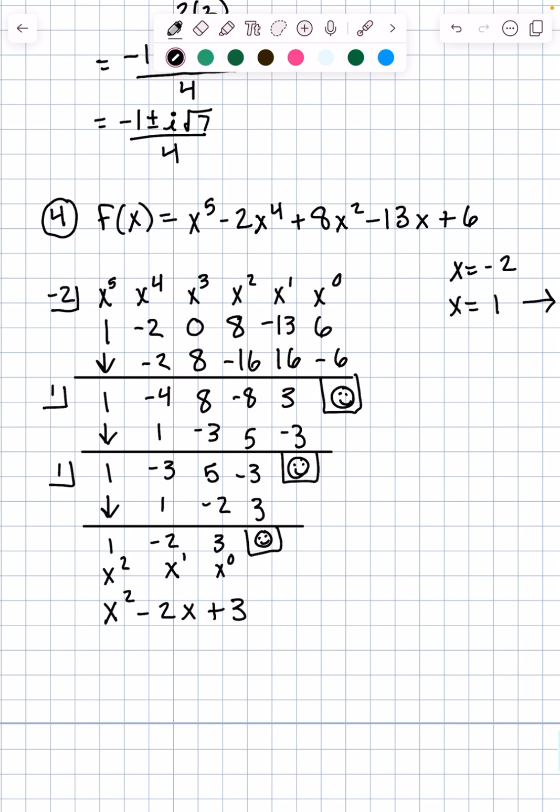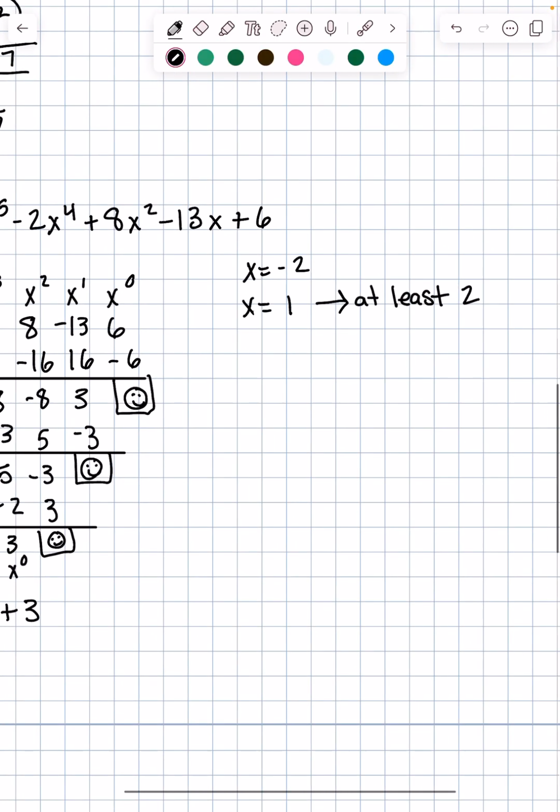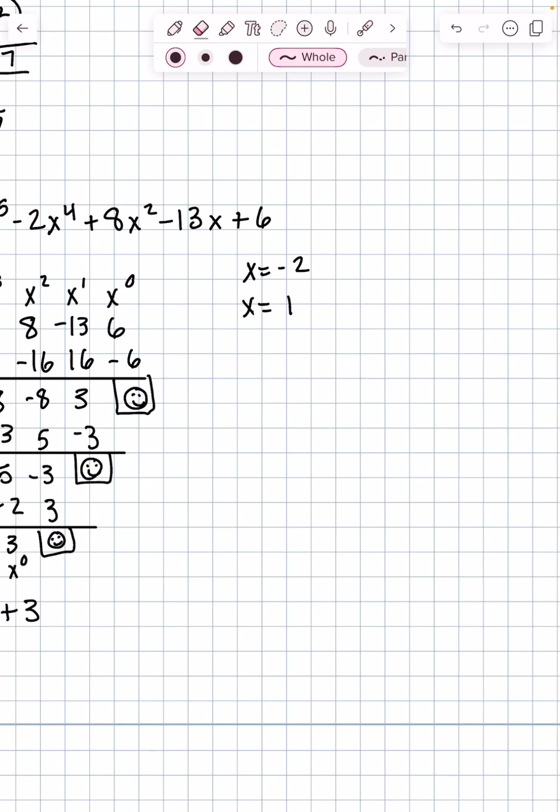Okay, so this one, I think, would this be factorable? Could we do x? No, this is not factorable. I thought for a second that it is, but it's actually not. So we need to use the quadratic formula. So that tells me my other 2 solutions are going to be imaginary because we didn't see them on the graph.